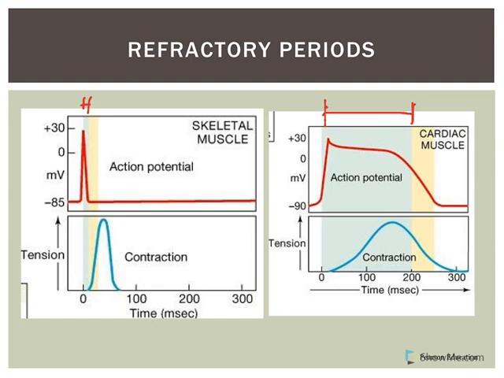But also, having that long absolute refractory period is going to prevent tetany from taking place. No matter how frequently the stimulation is, the cardiac muscle should not reach tetany like we do in skeletal muscle, because if it's in tetany, the heart won't be able to relax and fill up with blood. So the refractory periods in cardiac muscle are much longer than you see in skeletal muscle.